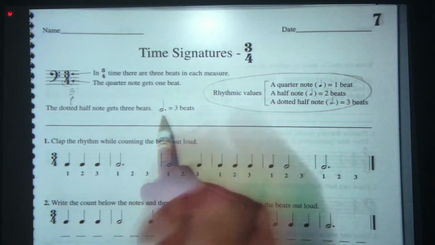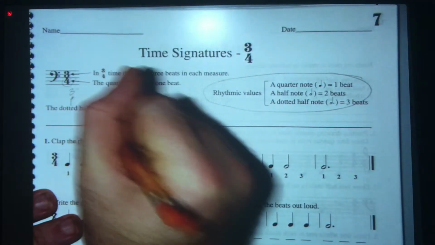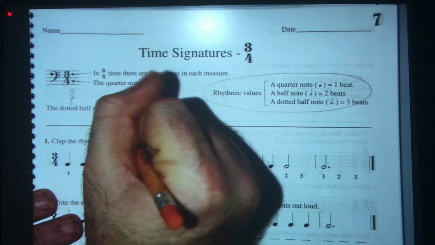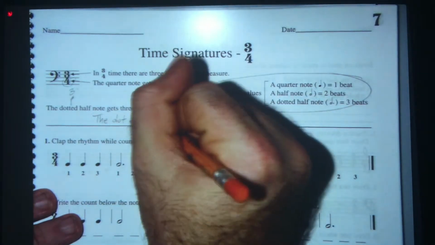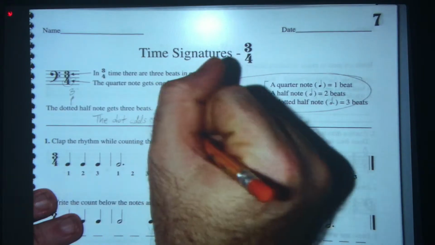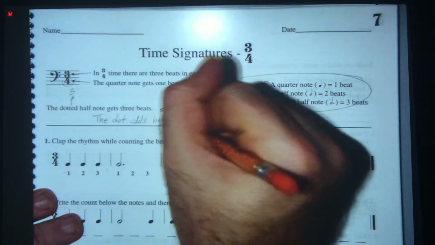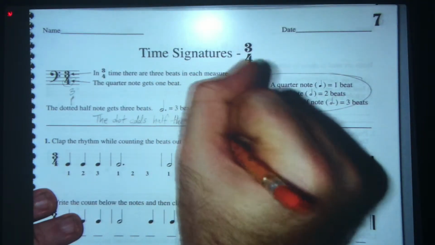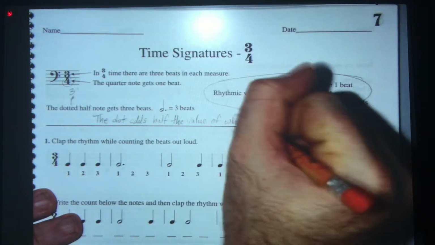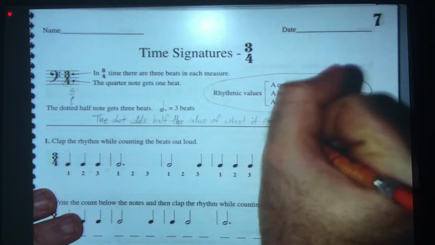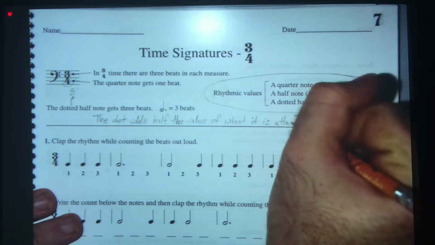And here's why. The dot, you're going to write this, adds half the value of what it is attached to.